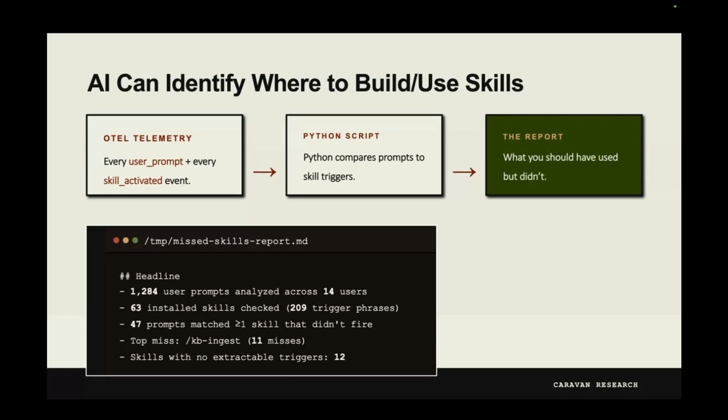It uses our OpenTelemetry. It looks at every prompt. It sees if there were skills activated during those sessions. There's some Python script that takes all that data and tries to do some matching, and it's looking for opportunities where we could use a skill but we don't have one that would help with that, and we need to build one, or where we could use a skill we have, but for whatever reason it didn't fire.